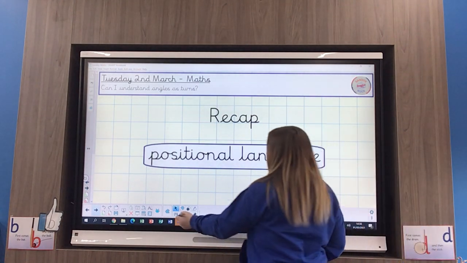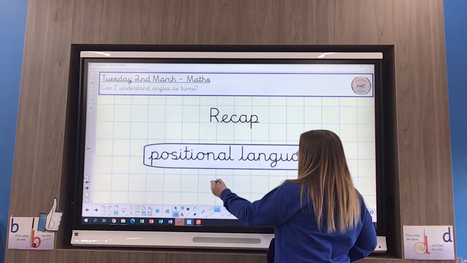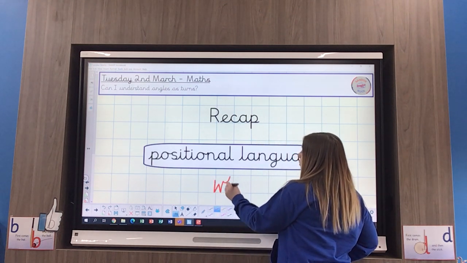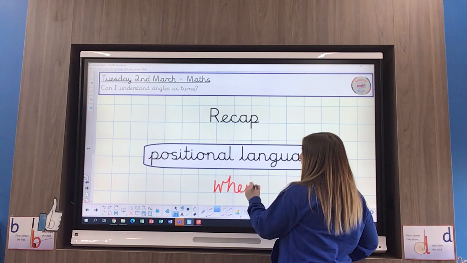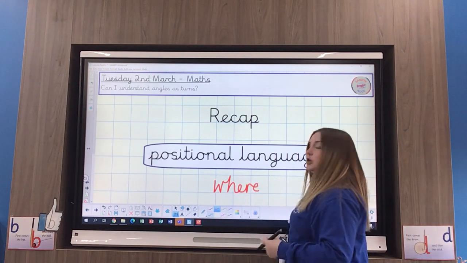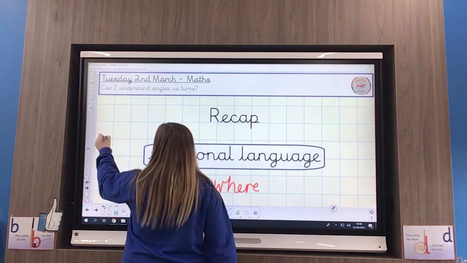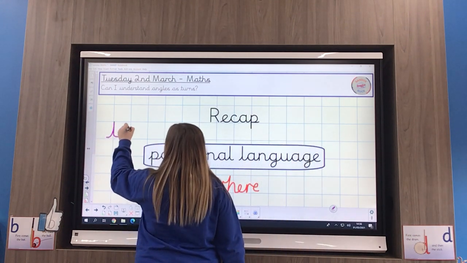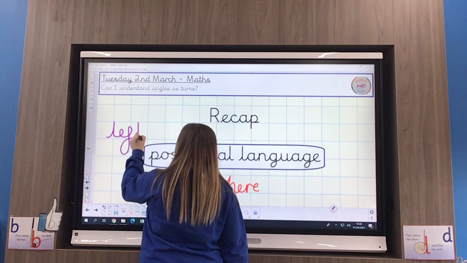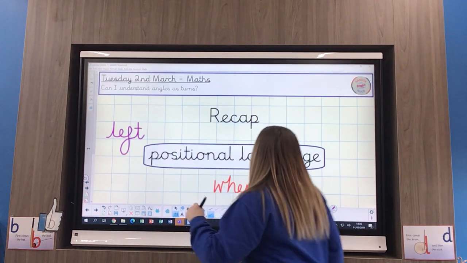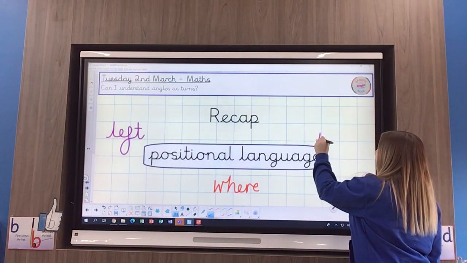And remember I told you that all that means is where something is. And some of the words that we used yesterday was left. Something is to the left or to the right.